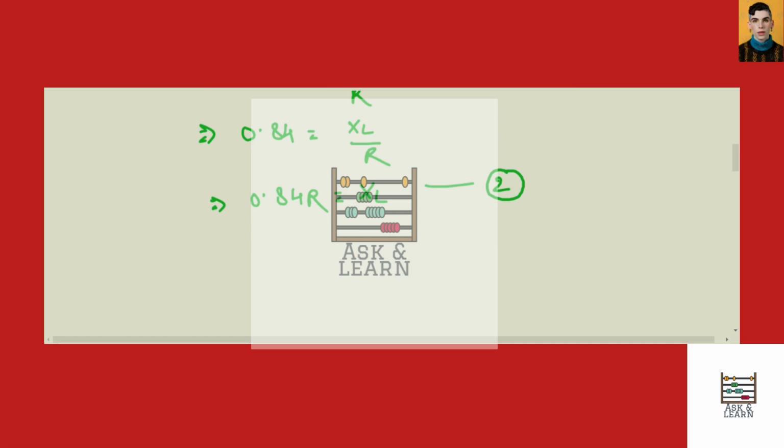So the value of R will be 11.47 ohm. And if you put the value of R over here, you will get the value of XL, which is 9.64 ohm, right? So this is our XL.